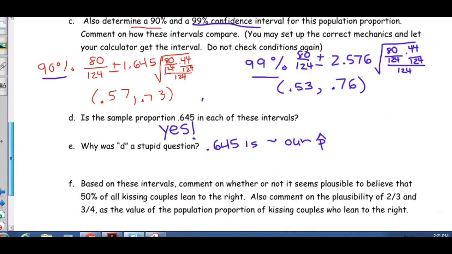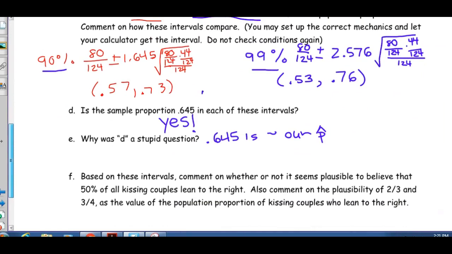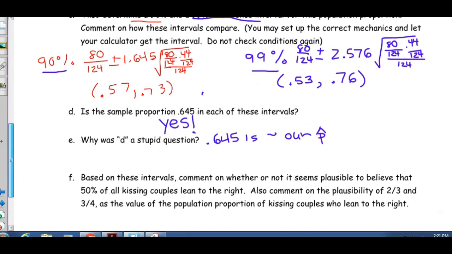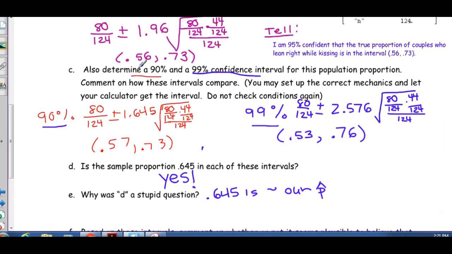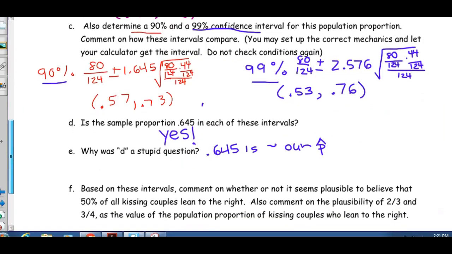Okay, the next part is they ask us to think about whether it's plausible for certain proportions to be true. So if somebody is saying, I think 50% of all kissing couples lean to the right, you want to look at the intervals you created. Even when we were 99% confident, it went from 0.53 to 0.70. 50% is not even inside that interval. So that's definitely not plausible. We don't agree with that.